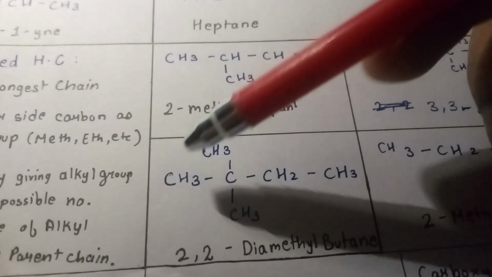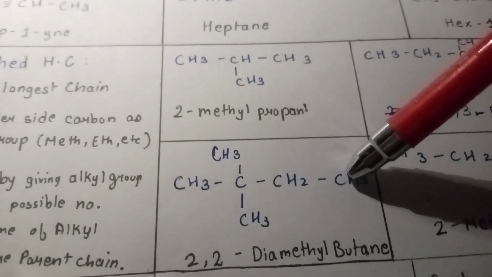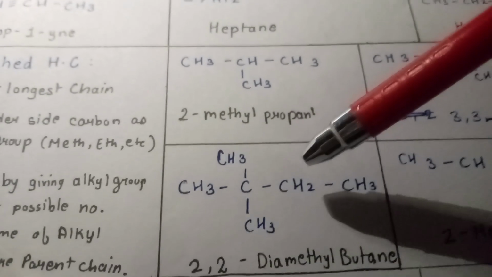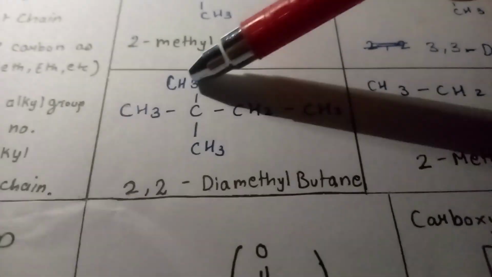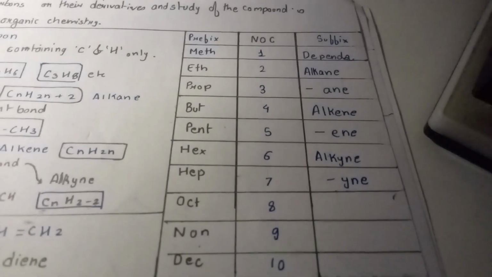Now because there are one, two, three, four carbons in the chain, therefore we call it butane. And as per the rule, the name of the alkyl group goes before the parent chain. This is the parent chain, and the alkyl groups are these.